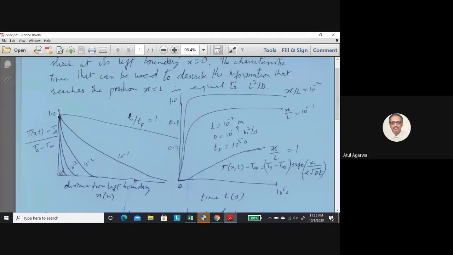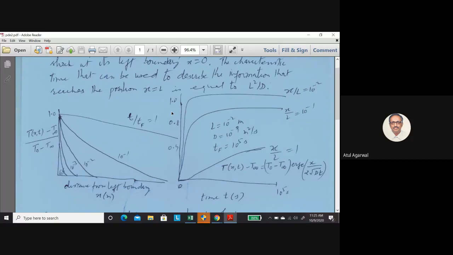You see, at x equal to 0, you get the full value of the temperature as applied. This ratio becomes 1. And suppose your time is infinite, then what will you get? A value of 1 throughout the body.